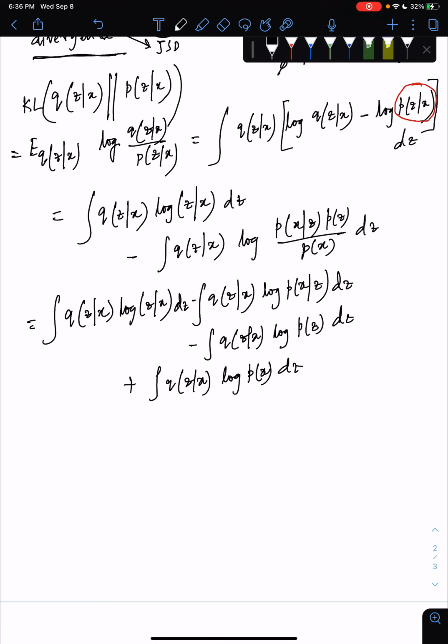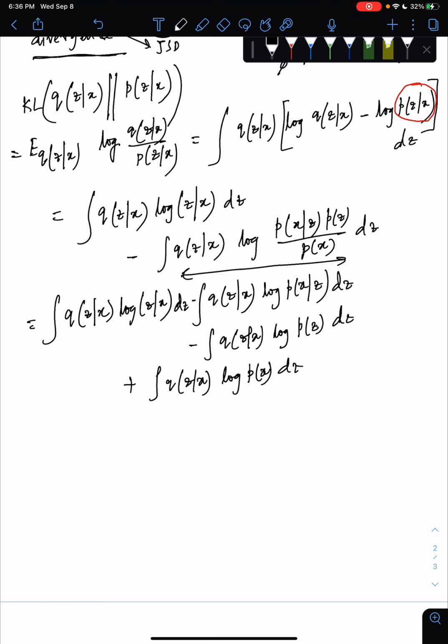Basically this is log of this plus this minus this, and I can expand it. So this whole thing is written in these three terms.